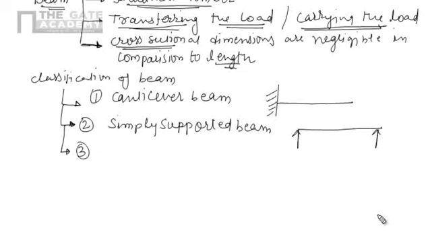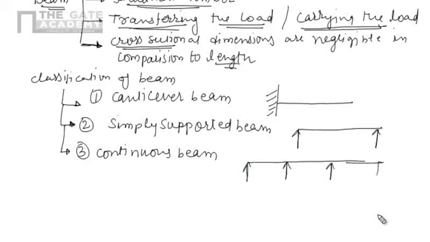Third one is continuous beam. In case of continuous beam, the number of supports is more than 2. This is called continuous beam. Fourth one is overhanging beam.